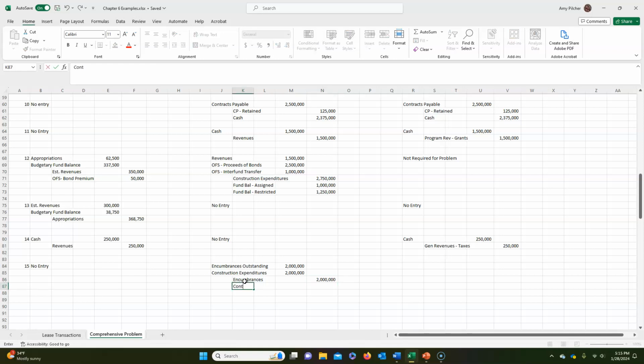And contracts payable. And in the governmental activities, we have construction work in process of $2 million, and contracts payable of $2 million.